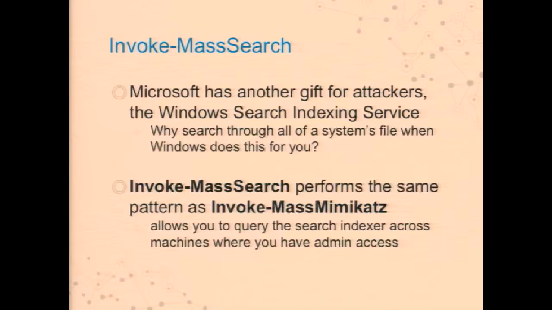So you don't even have to download the file from the remote machine. You can just run this on a crap load of server admin machines or desktop admin machines for specific things like passwords or sensitive project terms, and get all this result data back without actually having to download the files. I think this is pretty cool. Most people haven't really grabbed onto it yet.